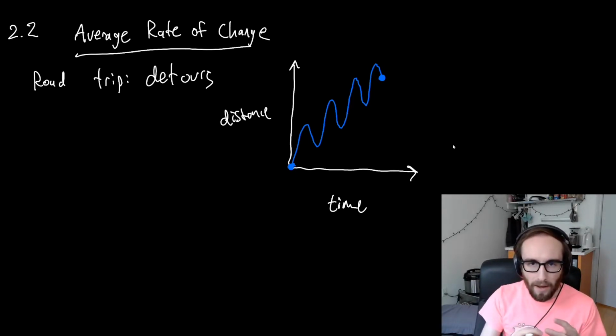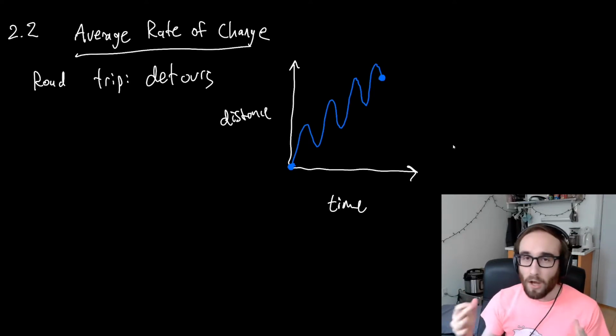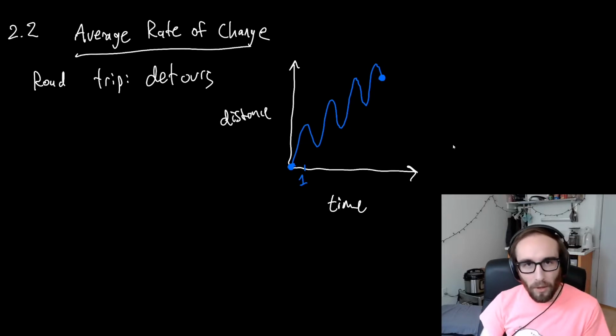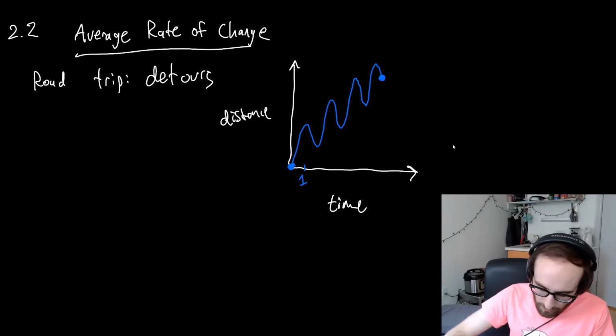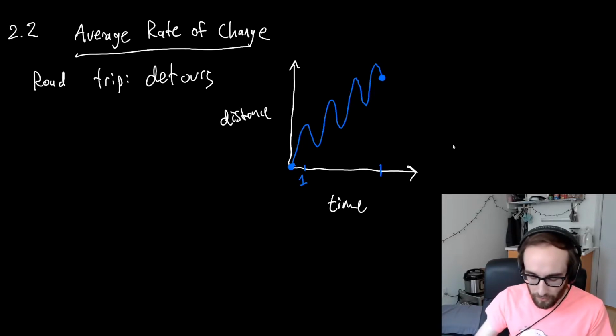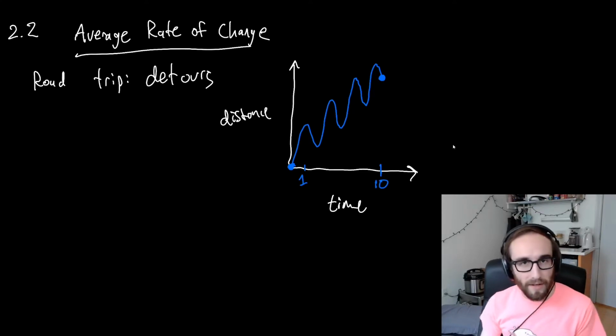Okay, so here we have a lot of waves, and what we want to figure out at this point is, on average, how long did it take us to get to our destination, or what was our average speed over a certain time. So maybe after 1 minute, you want to see how far you traveled between 1 minute and when you got to your destination, which we could say 10 minutes.